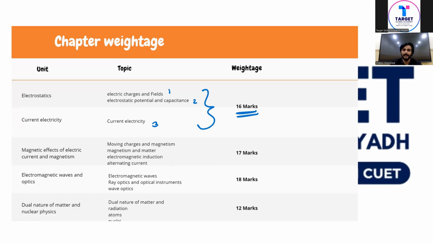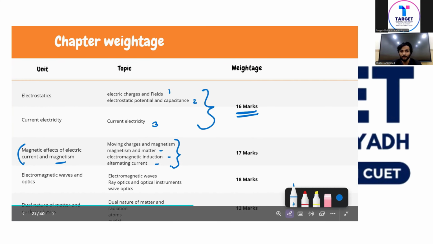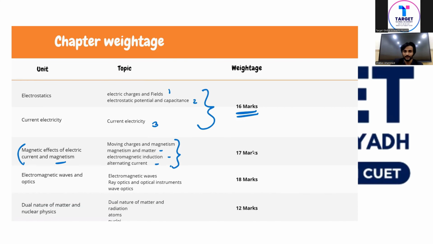Then in the magnetism part, the 4th chapter, moving charges and magnetism, magnetism and matter, electromagnetic induction, alternating current. Each section is divided as magnetic effects of electric current and magnetism, and electromagnetic induction is also a part of this. Understood. So you can expect 17 marks from all these chapters.